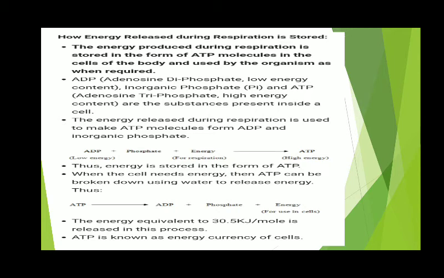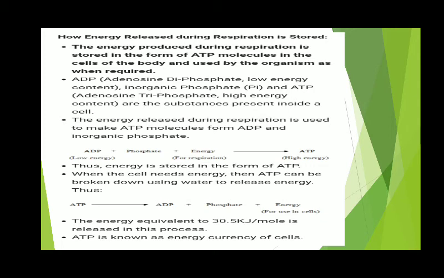Thus energy is stored in the form of ATP molecules, and when our cells need energy, where do they get it from? The ATP can be broken down using water to release energy. ATP gets converted into ADP and phosphate, adenosine diphosphate plus phosphate, and energy is released which is used by our cells.